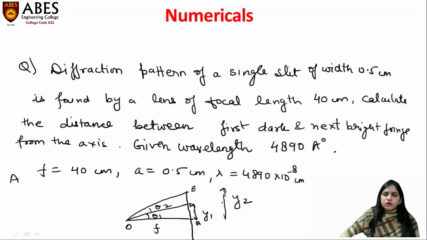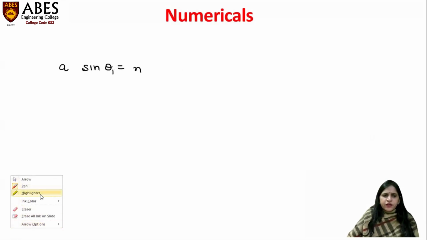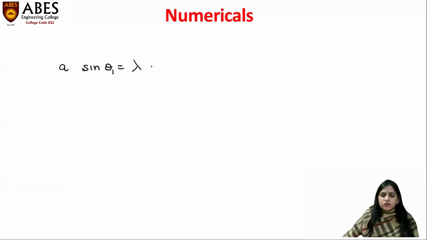Okay, so let us now consider the minima equation first. What is the minima equation? A sine theta 1 is equal to n lambda. Over here we are going to take n as 1, because we are talking about the first order, first dark band. So we can write A sine theta is equal to lambda.